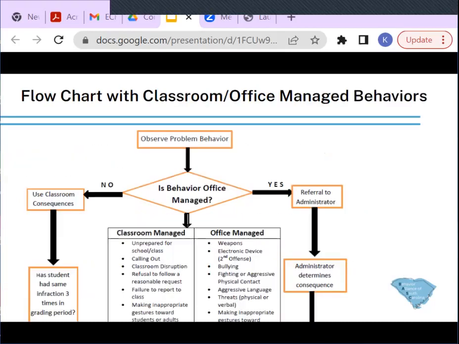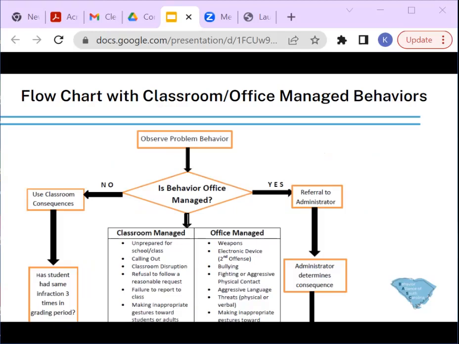And I'm going to show you just a little example if you're not familiar with what that flow chart might look like. This is an example from an elementary school. So you can see how it goes. The behavior, you ask the question. If it's a yes, you go this direction. If it's a no, you go that direction. And then the arrow down shows how you might decide if it's office managed or classroom managed.